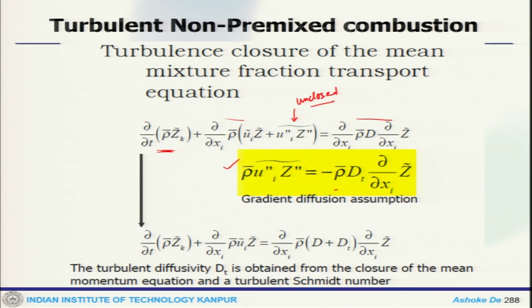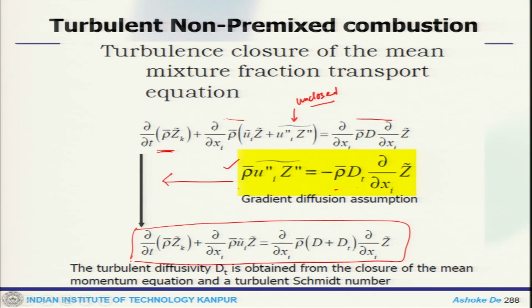So there is no issue associated with that kind of situation. Then when you use this closure approximation in this particular equation, it will come down to this equation under the RANS framework.